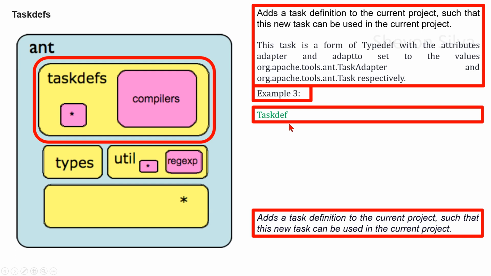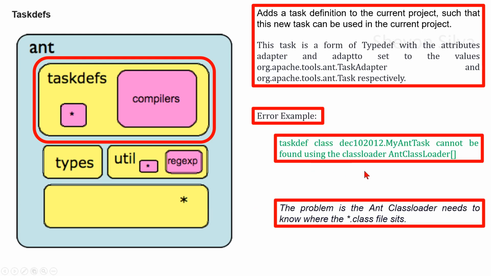As an error example, we can consider this Taskdef class: my Ant task cannot be found using the class loader. One problem here is that the Ant class loader needs to know where the .class file sits.